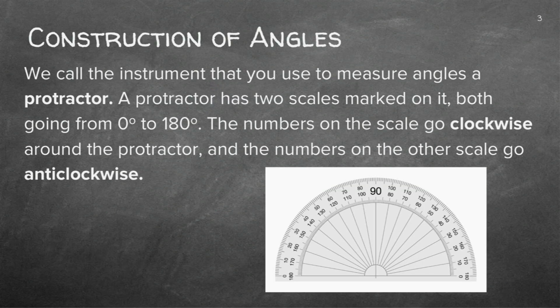Okay, now we call the instrument that we use to measure angles a protractor. Now, a protractor has got two scales marked on it, both going from 0 to 180 degrees. The numbers on one scale go clockwise around the protractor, and on the other scale, it goes anti-clockwise.